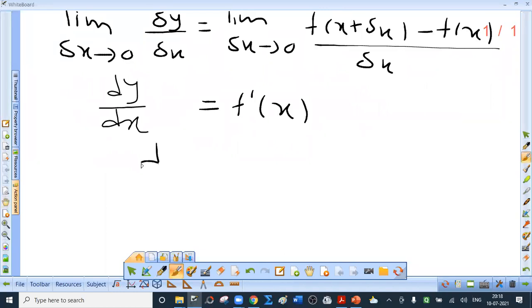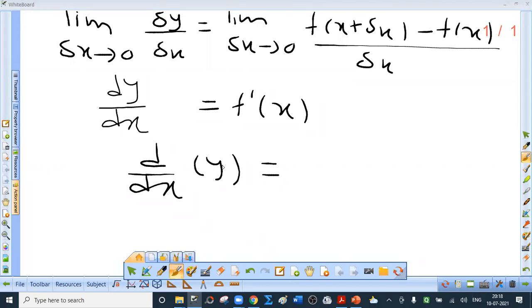Now, for the sake of convenience, we will write this as d by dx of y. This is not given in the textbook as such, but I can call this an operator. d by dx is an operator. What operation does it perform? It performs the operation of differentiation, right? So what is d by dx of y?